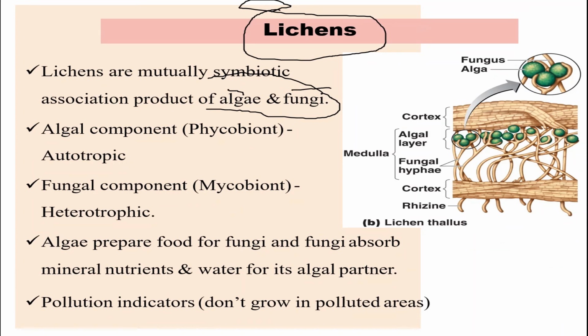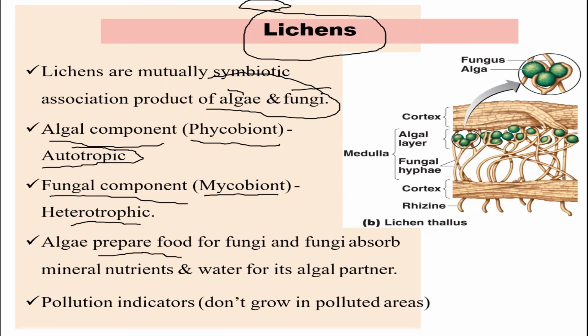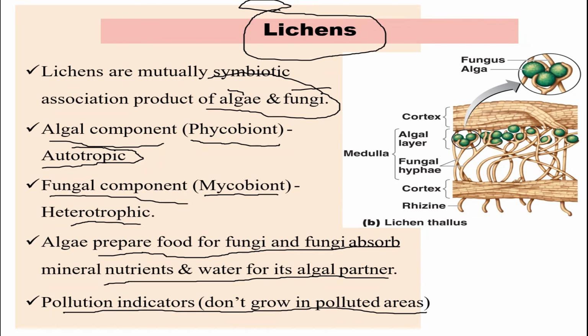The algal component is the phycobiont, which is autotrophic in nature, and the fungal component is the mycobiont, which is heterotrophic in nature. Also, algae prepare food for fungi and fungi absorb mineral nutrients and water for their algal partner. Lichens also act as pollution indicators and don't grow in polluted areas. So both algae and fungi help each other for their growth and survival.